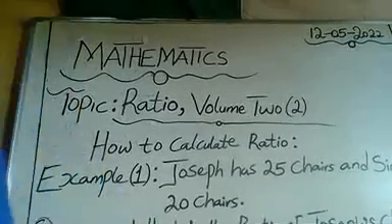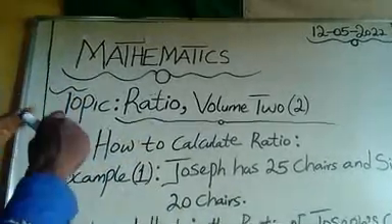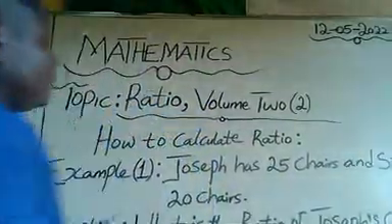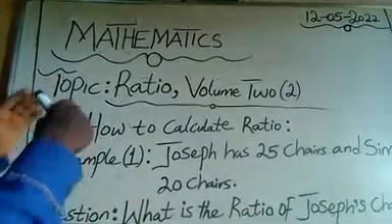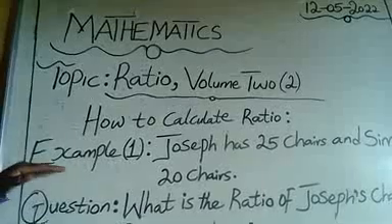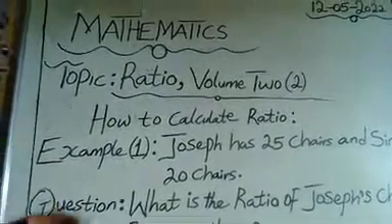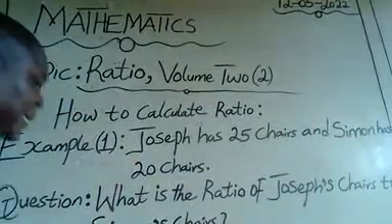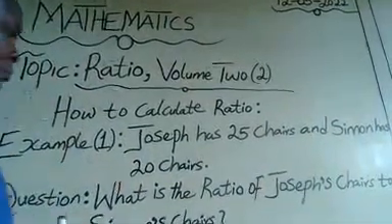Mathematics. Topic: Ratio, Volume 2. How to calculate ratio. Example 1. Joseph has 25 shares and Simon has 20 shares.